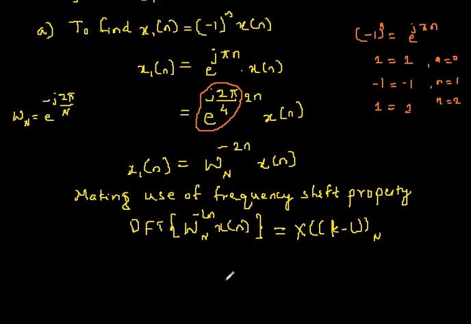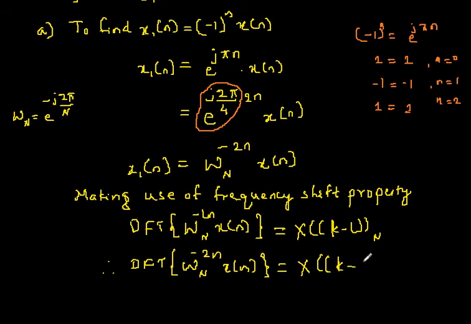So are we getting it? Therefore, now I'll write DFT of Wn to the power minus 2n, x of n, is equal to X of k minus l. This is what we want. In place of l we have 2.